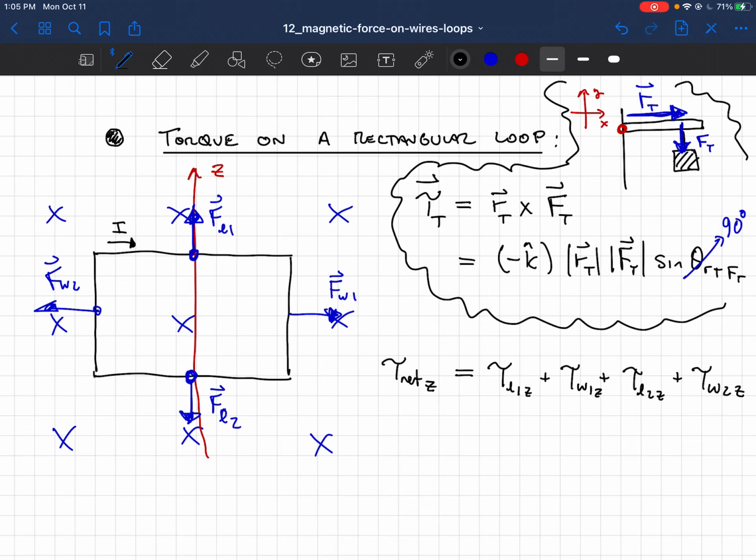So what is that torque? Well, let's just decide whether it's positive, negative, or 0. For L1, the torque due to L1 is due to a force which sits at the center of the rod, which is where I've also placed the z-axis. Because I placed the z-axis there, the r vector is 0.